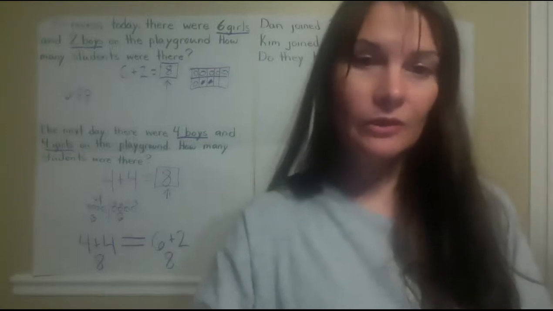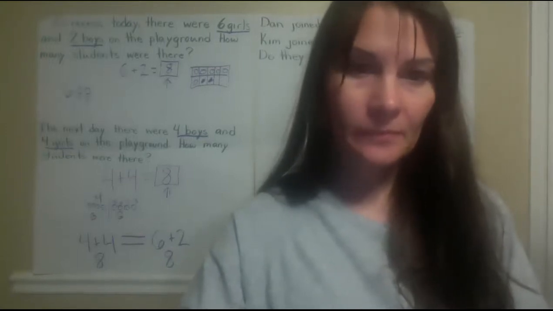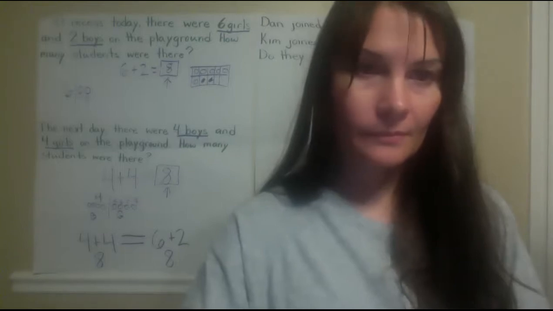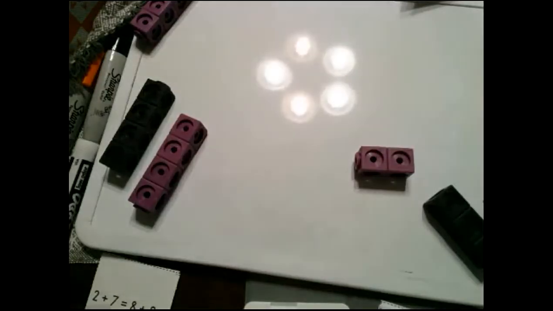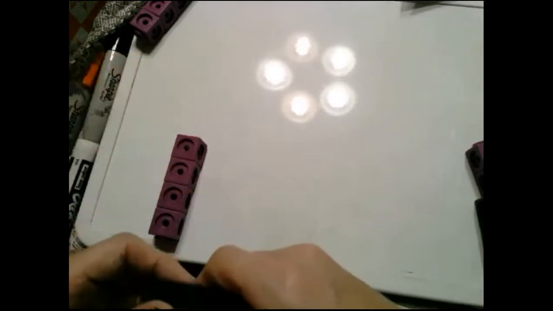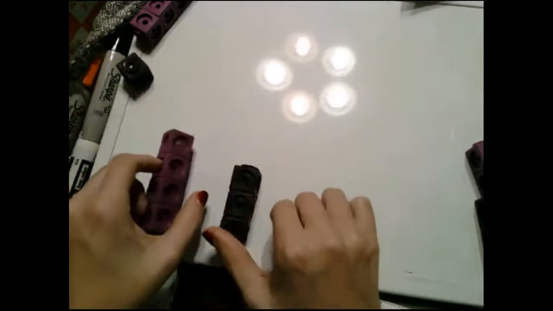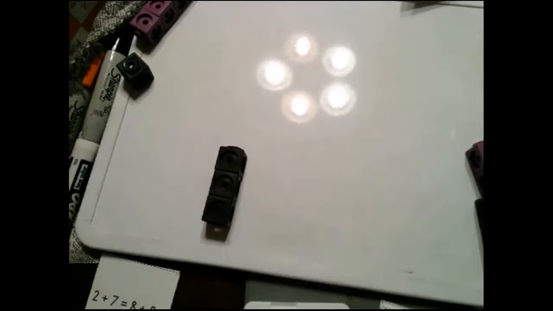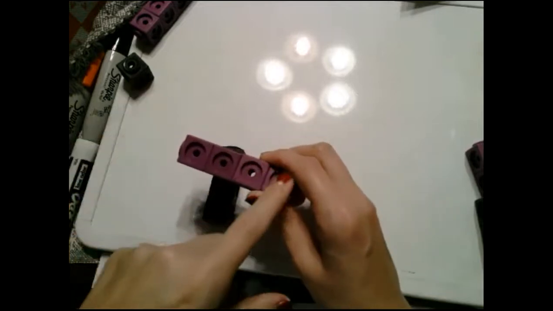Let's go ahead and look at a demonstration. Here I have some cubes. I know that Dan joined 3 cubes. So here's my 3, 1, 2, 3, and 4 cubes, 1, 2, 3, 4.